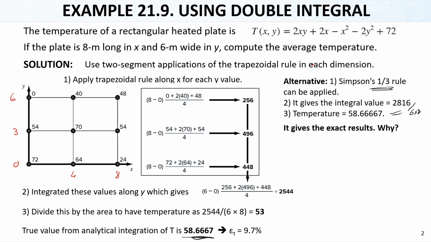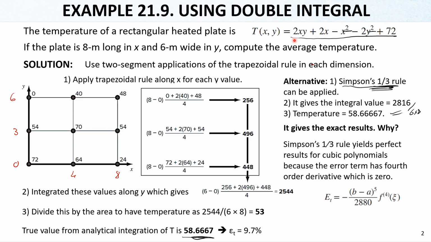And the reason why, if we ask, is because the function is a second order polynomial. And we know that Simpson's 1/3 rule uses a second order polynomial to predict this function, because it has second order and the actual function is second order, so it has to give the exact result. So it's an exact representation because the orders are the same.